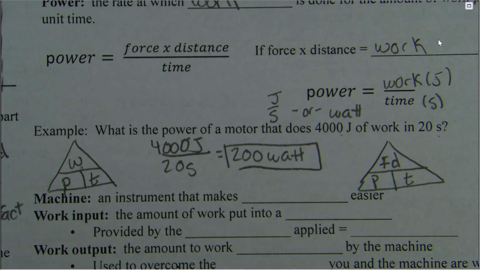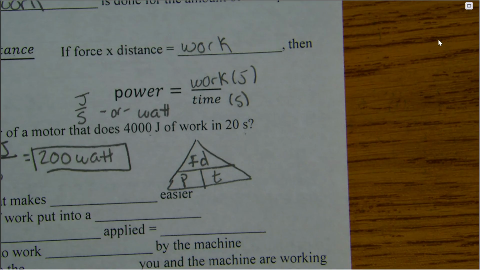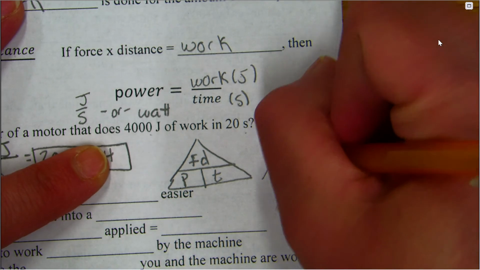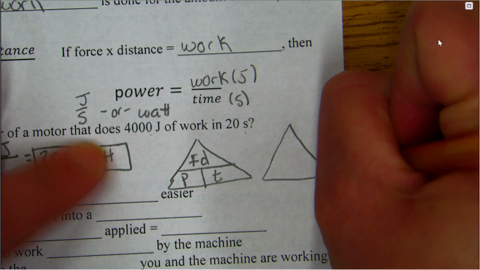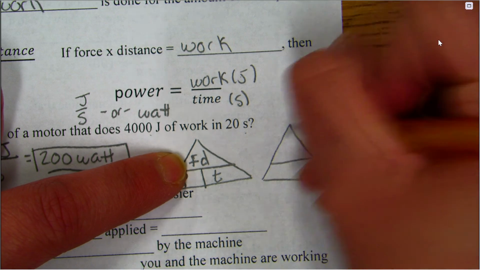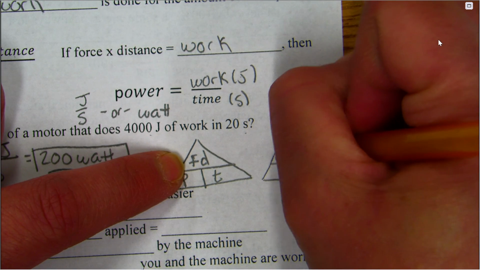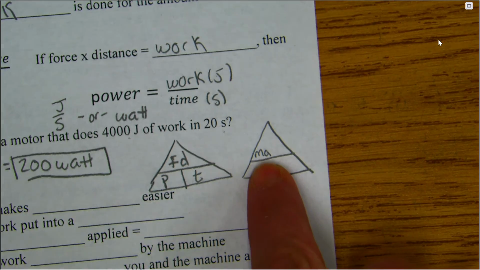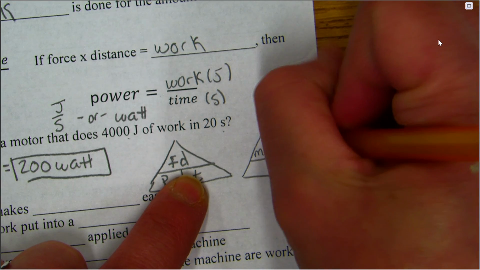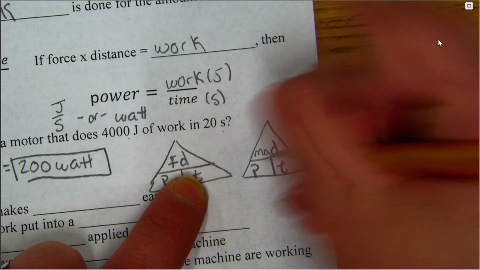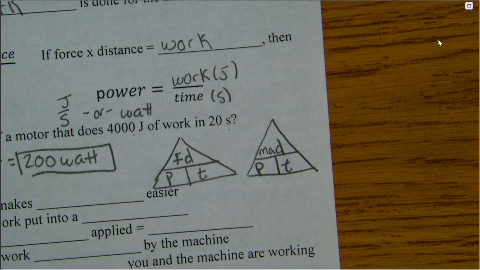And we know that force is mass times acceleration. Oh, holy smokes, we could even do a whole other triangle where force is mass times acceleration. So there's my force times distance divided by time. So there's a lot of different ways I can give us power problems and ask us to solve them.